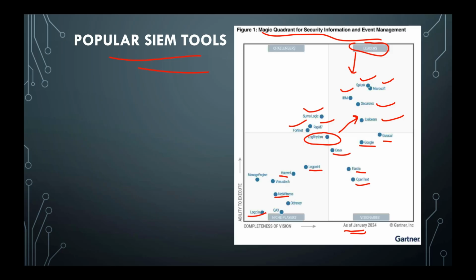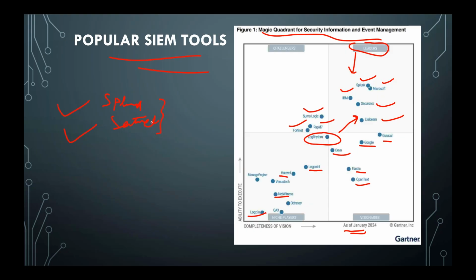If you are just starting, don't worry. You don't need to master all of them right away. Even practicing with open source SIEM like Wazuh or ELK stack is a great start. If you go into the industry, you will see two major players, Splunk and Sentinel. That's why I have included the architecture for these tools.